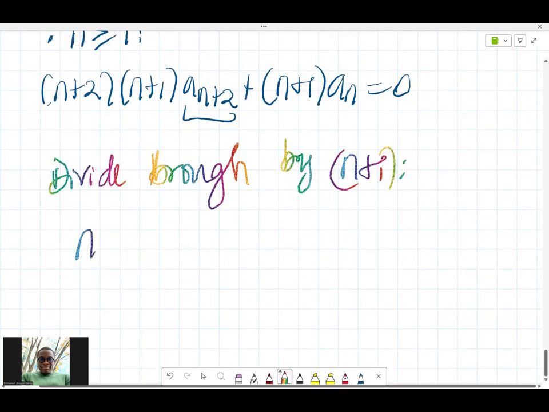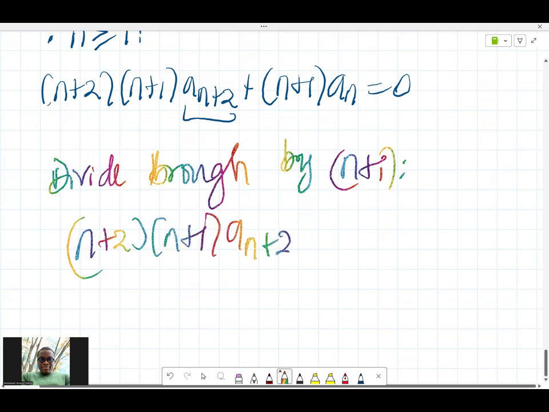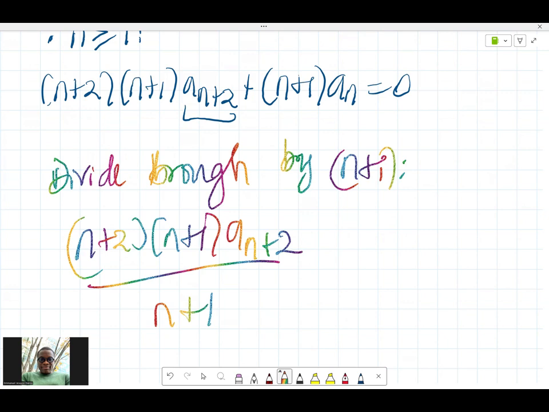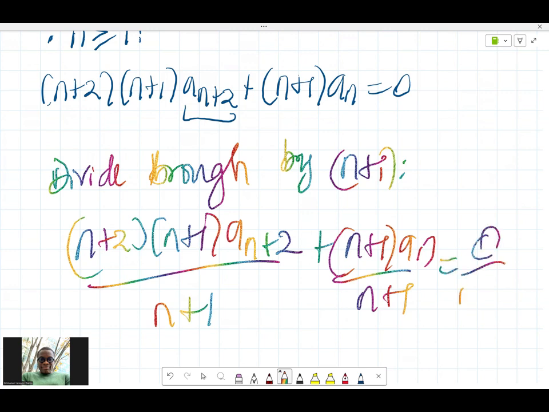We have n plus 2 into n plus 1, a_{n+2}, divided by n plus 1, plus n plus 1 a_n over n plus 1, equals 0 over n plus 1.